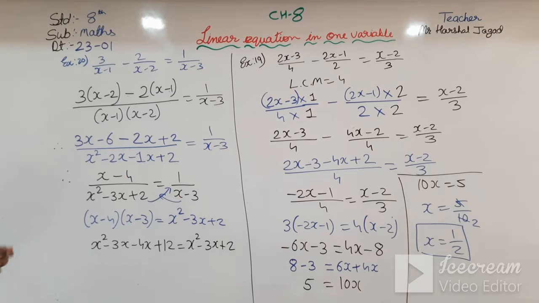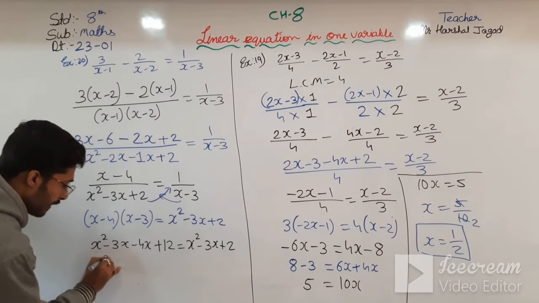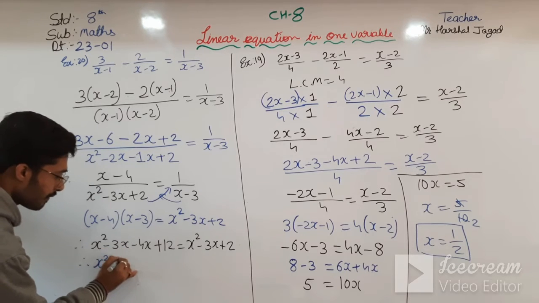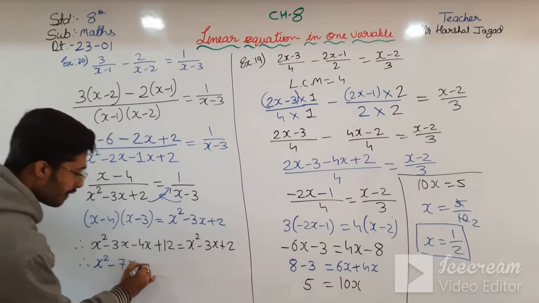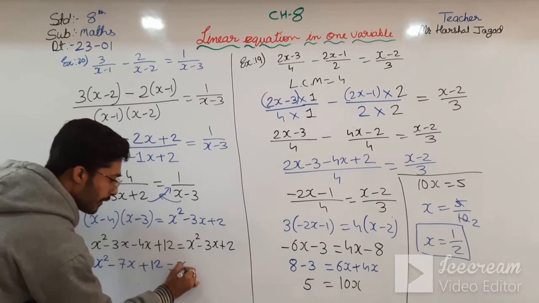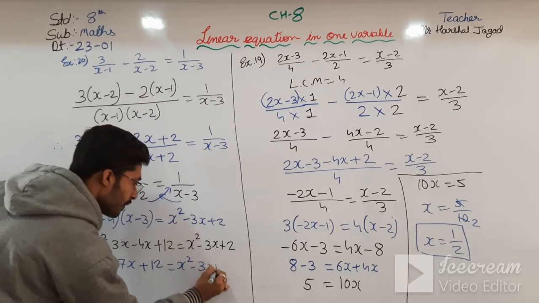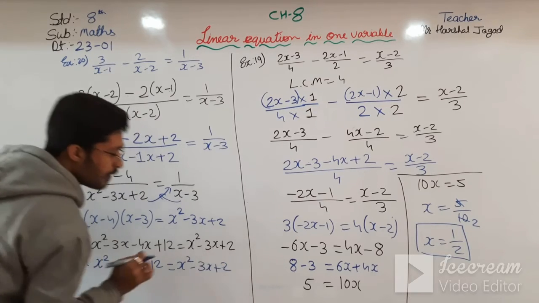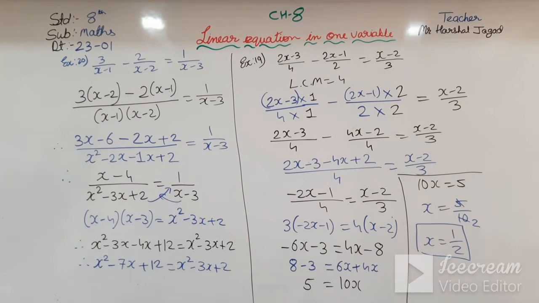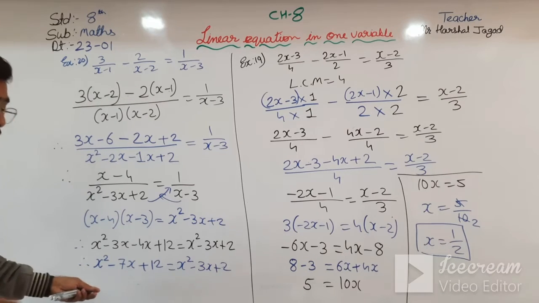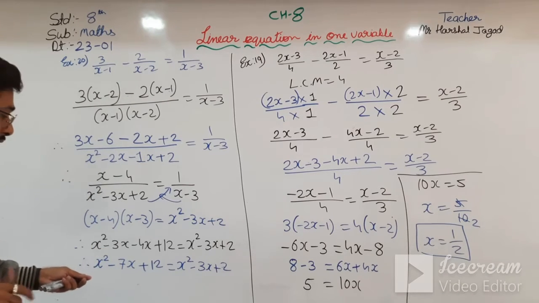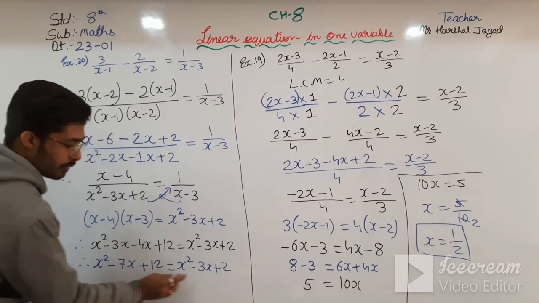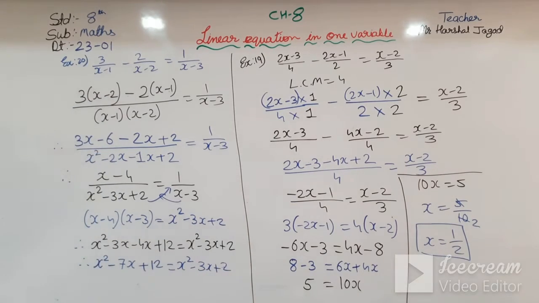Okay, so here x square, therefore x square minus 3 minus 4, that is minus 7x plus 12 is equal to x square minus 3x plus 2. Now if I just take all the terms, means these both terms towards this side and this term towards this side, that I will do in another part.